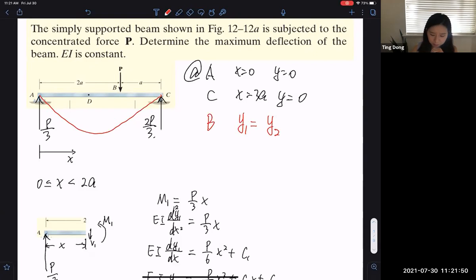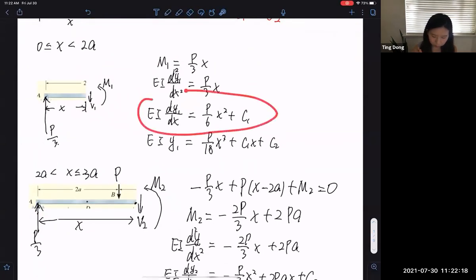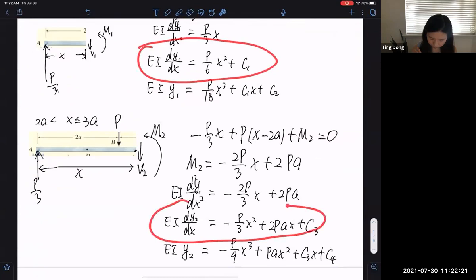And same thing, we know that when we apply a force and the beam bends, the deformation is a smooth curve. So at any point, the rotation, the angle, the slope there should be the same. If we use the equation derived from the AB section and the equation derived from the BC section for the slope, they should be the same at point B because the deformation curve is a smooth curve.